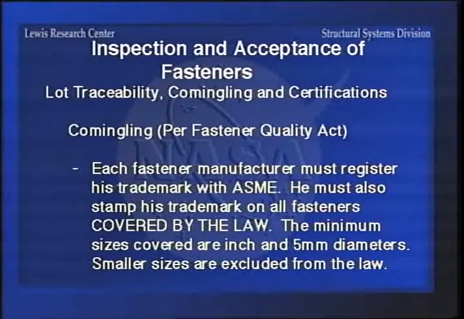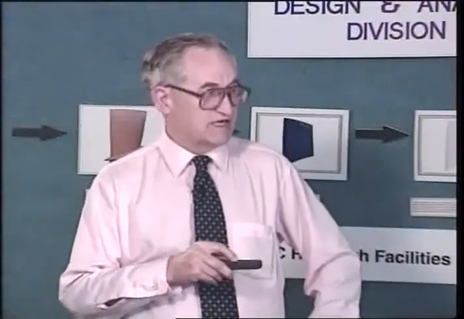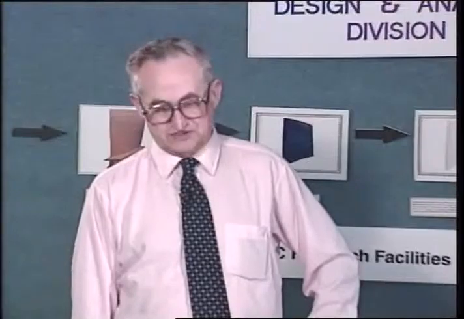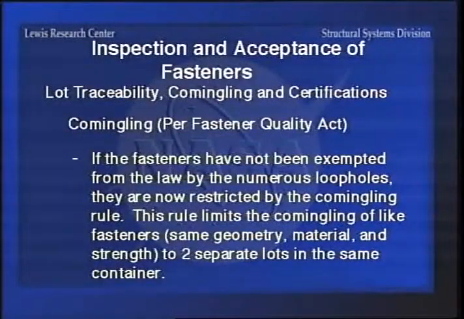Now, if the fasteners haven't been exempted, they're restricted by this commingling rule. And you can't have more than 2 lots in the same container. At least this way you have a better idea of who the manufacturer was on your lot of fasteners that you're getting for your usage.